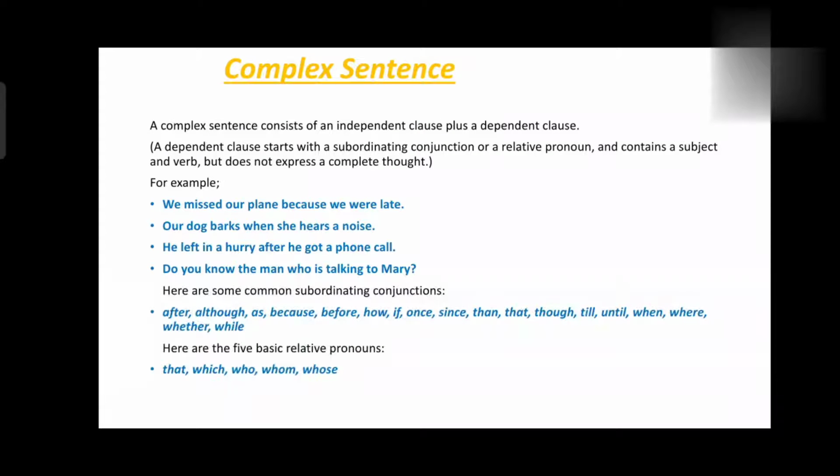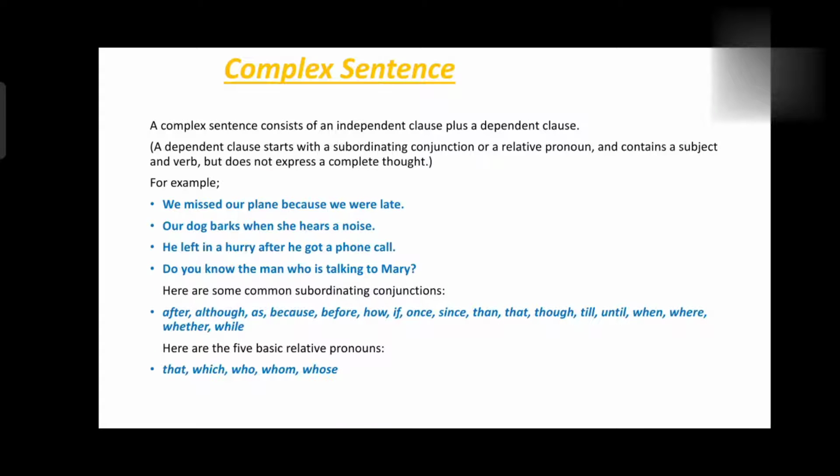What is a complex sentence? A complex sentence consists of an independent clause and a dependent clause. And a dependent clause, what is a dependent clause? A dependent clause starts with subordinate conjunctions or relative pronouns and contains a subject and verb, but does not express and give a complete idea and detail about something.